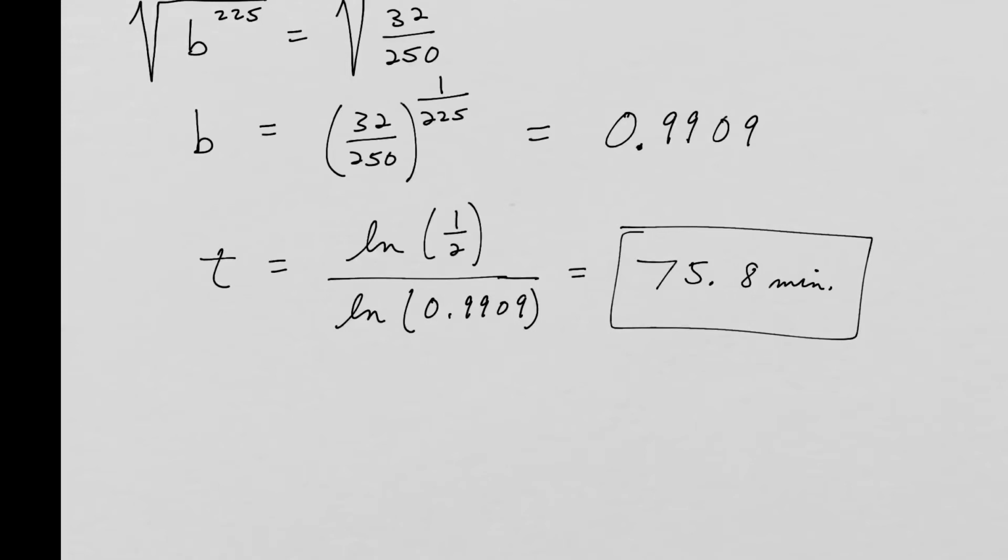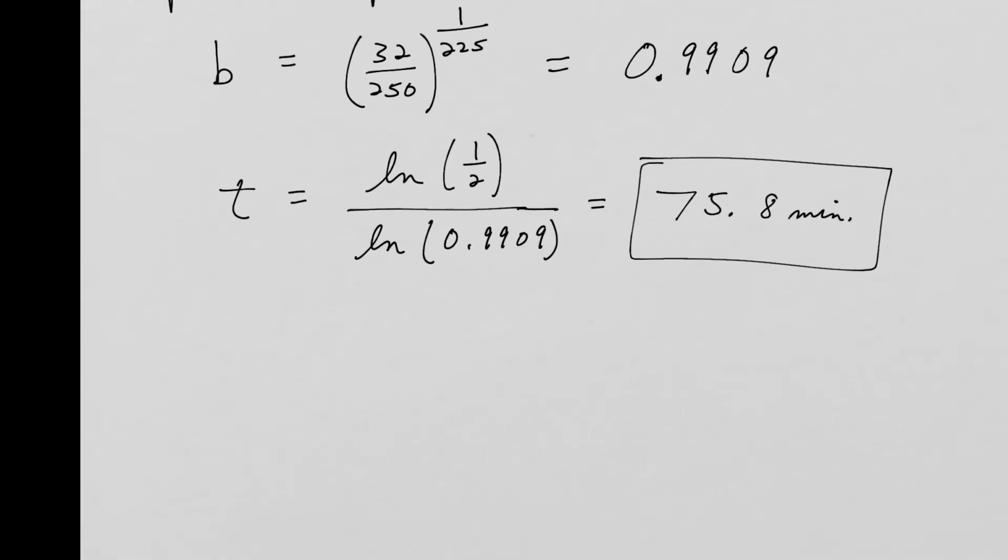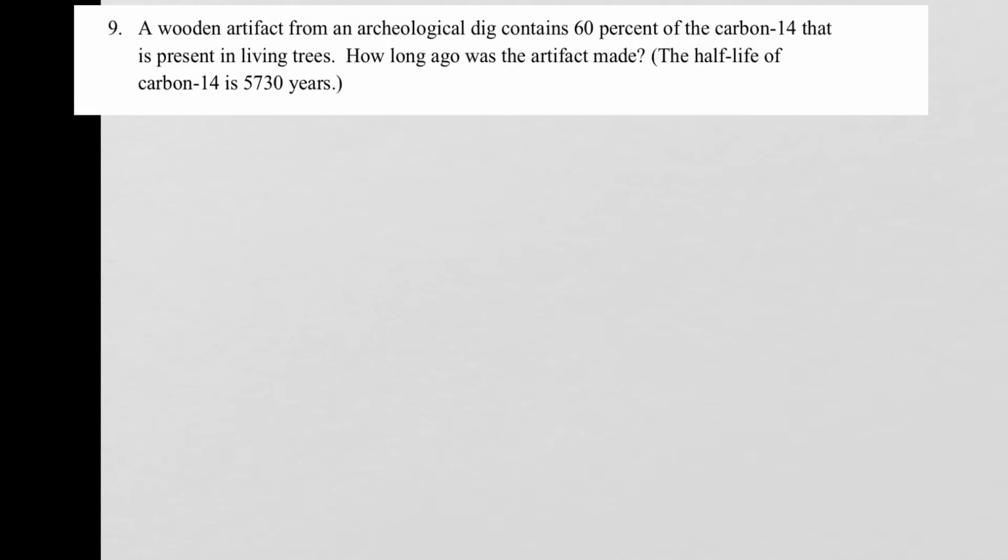Okay, here's another example. This question says, a wooden artifact from an archaeological dig contains 60% of the carbon-14 that is present in living trees. How long ago was the artifact made?